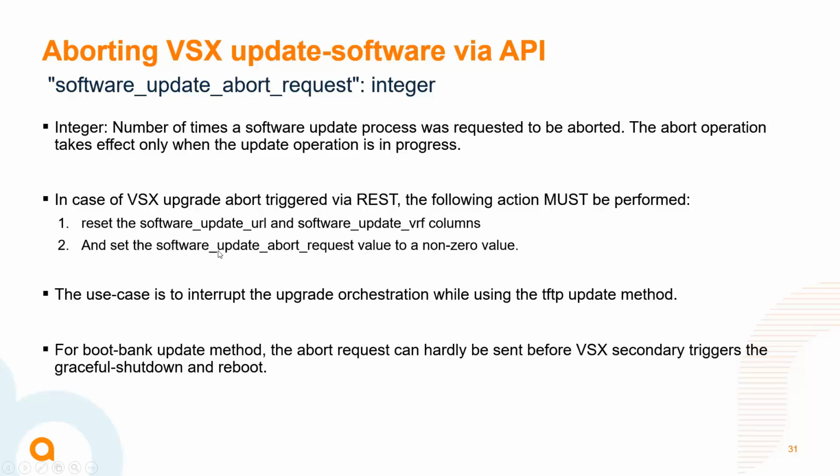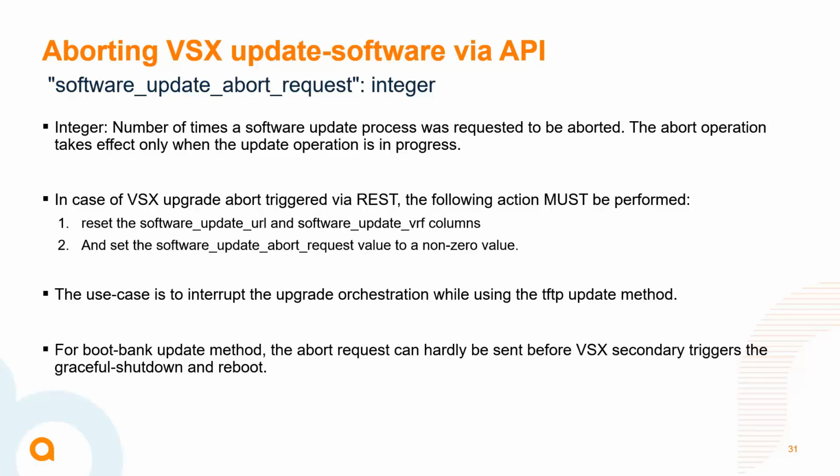We set the software update abort request to a value that is non-zero and higher than the value previously used. Normally, when the switch is rebooted and no update has been triggered, a non-zero value, so 1, should be enough.